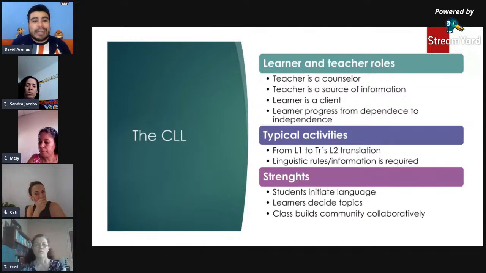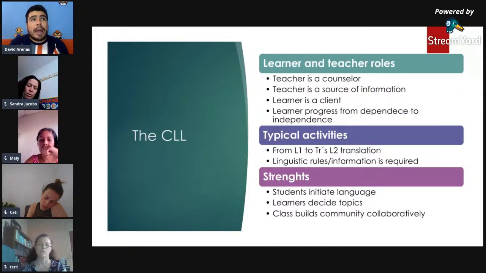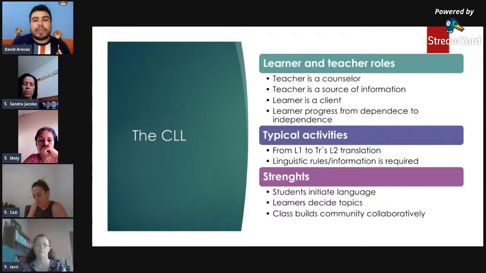And then again, it was such a big challenge for the teachers because teachers needed to be ready for any topic the students wanted to talk about, especially in terms of vocabulary. I would say it was really hard, and it still is, because if I could say, in modern education, what aspects we can relate to other methods from the past, I would say this is the most important one.